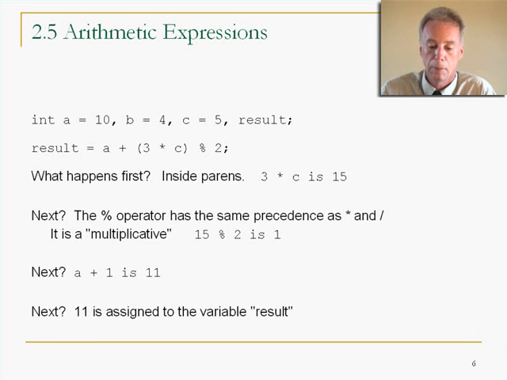We've got 15 modulus 2. That evaluates to 1 left over. And then we're going to add that to a, which has 10. So a plus 1 has 11. And then finally, the value 11 is assigned to the variable result.